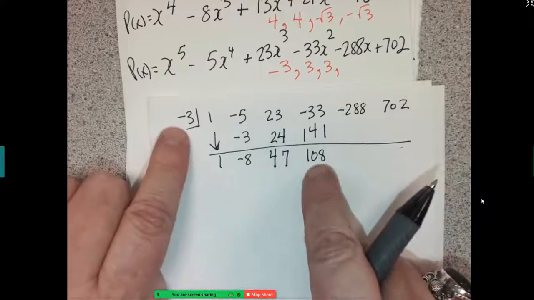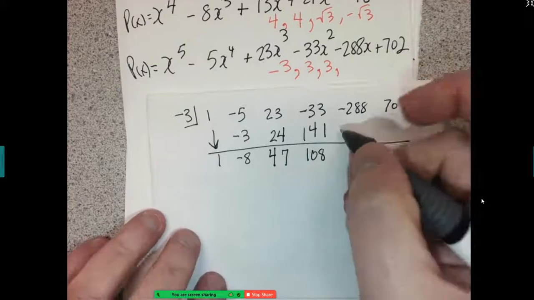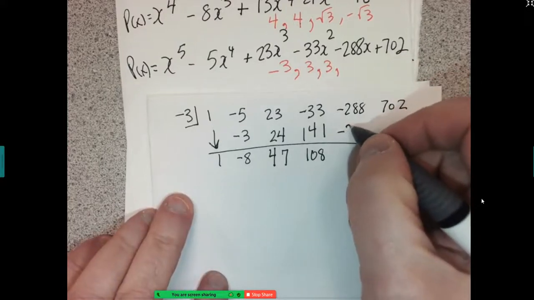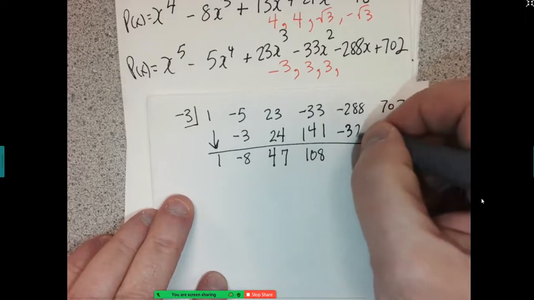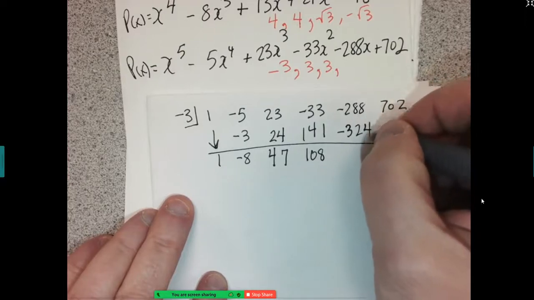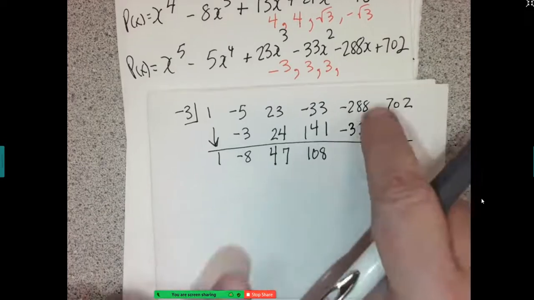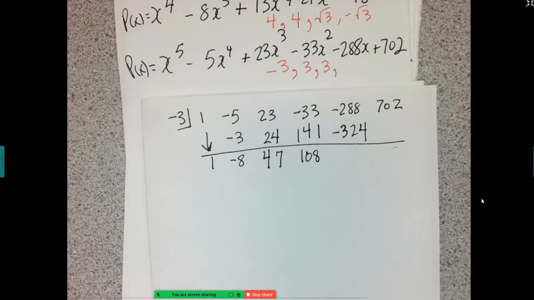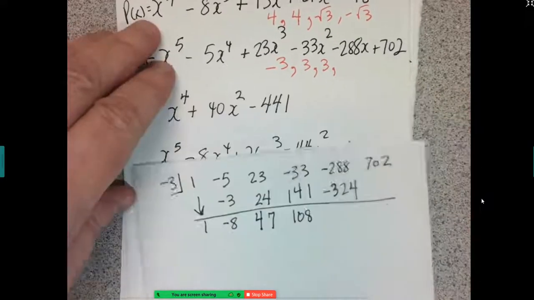Then I take that and multiply those together. And I might have made a mistake. Check it. So if I add those together, 324. No, okay, so let me try that again.